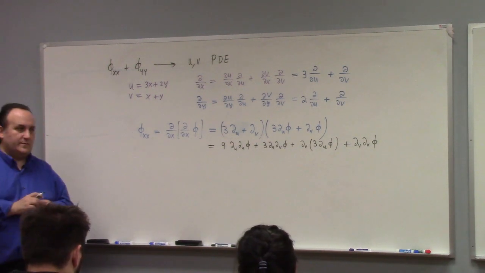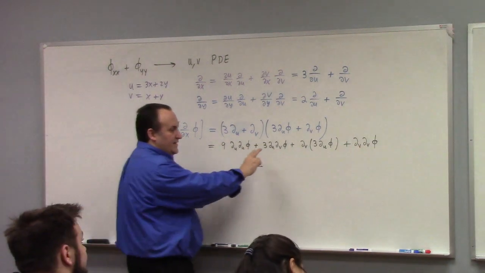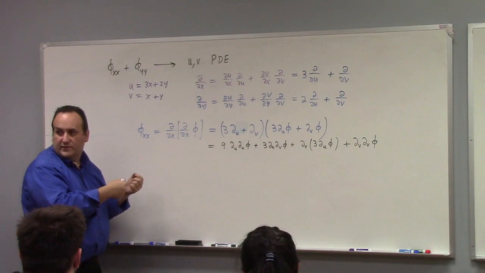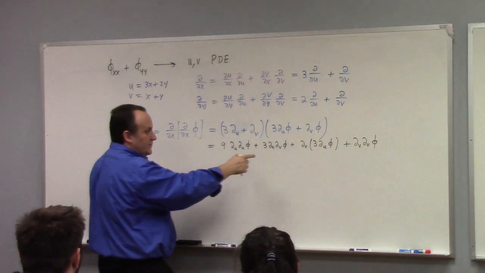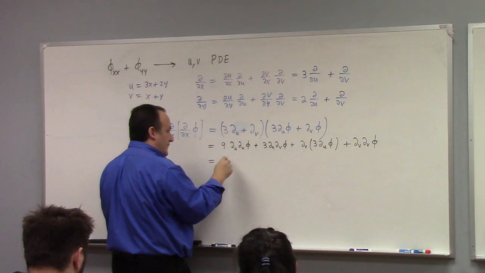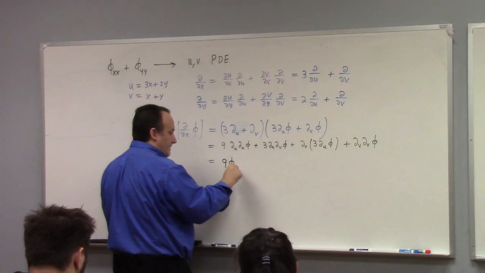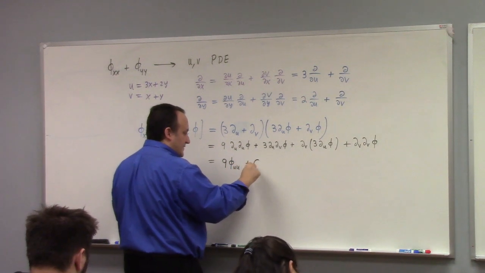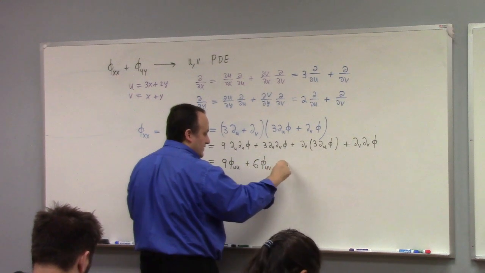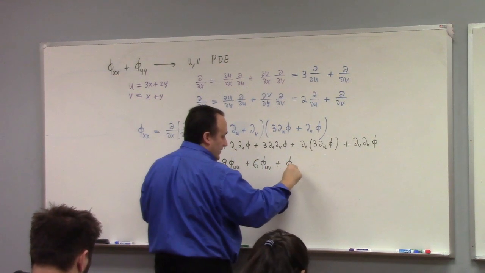The algebra here is really simple. And because they commute, I can group these together, and really what I have here, if you don't mind me switching back to the other notation, is 9 phi uu plus 6 phi uv plus phi vv.